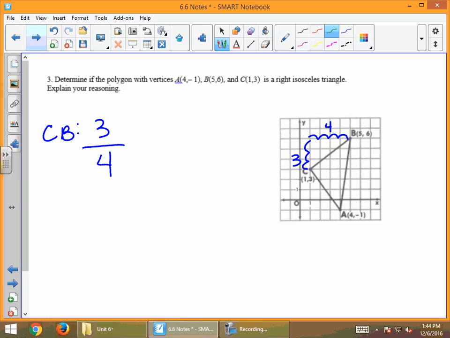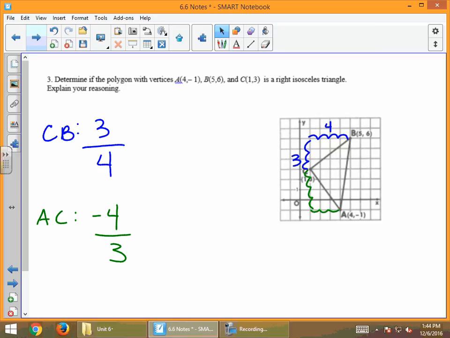So then, let's find the slope of AC. We think that's our right angle. Well, how far do we count down? 4. So we went down 4, so this is going to be what? How far do we count over? 3. We went to the right, so it's positive. Are they flipped? Perpendicular. Are they opposite? Yes. So, are these perpendicular?